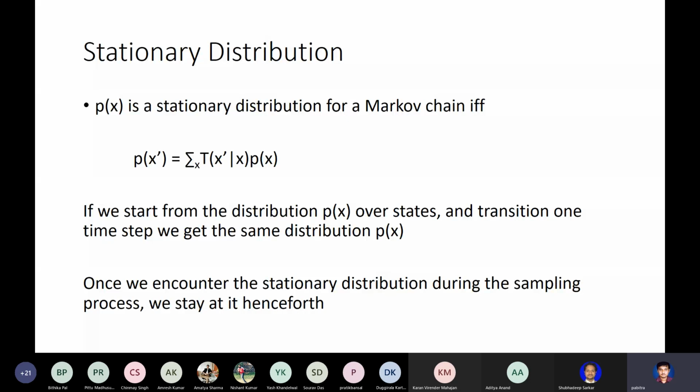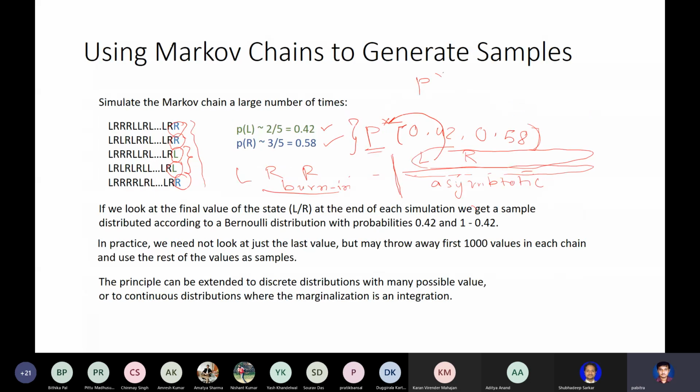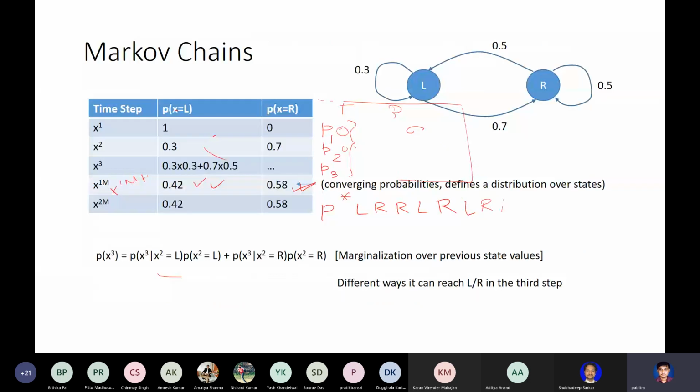Every Markov chain has a distribution associated with it, which is a stationary distribution. What the stationary distribution means is that, for example, this is a stationary distribution, this 0.42, 0.58, because you see this is x 1 million. If you look at x 1 million plus 1, and if you follow this calculation, you will see it is again 0.42, 0.58. If you do this calculation by hand for x 1 million plus 1, it is still this.